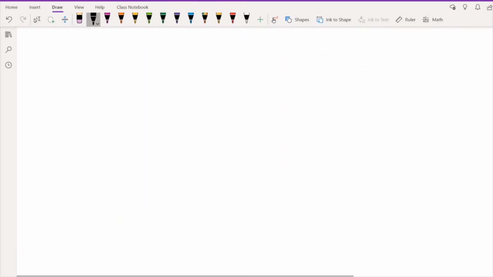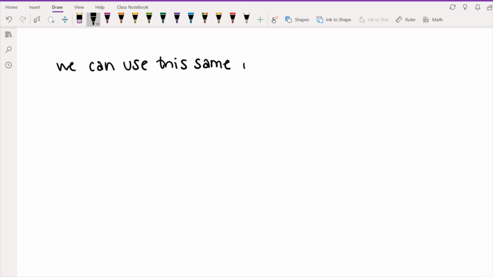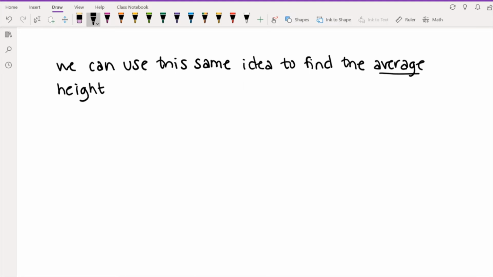So we can use this same idea to find not the exact height, but the average height of any function f of x.